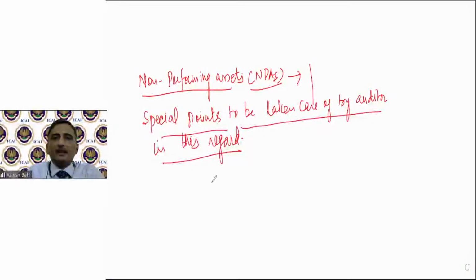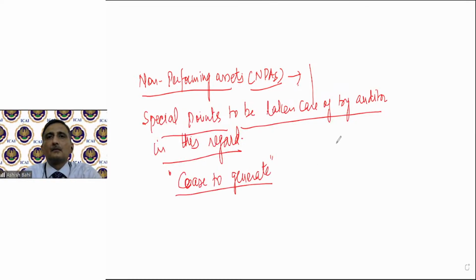So NPAs, students, you already know that these are the assets which cease to generate income for the bank. Because the borrowers are not paying, these cease to generate income for the bank.